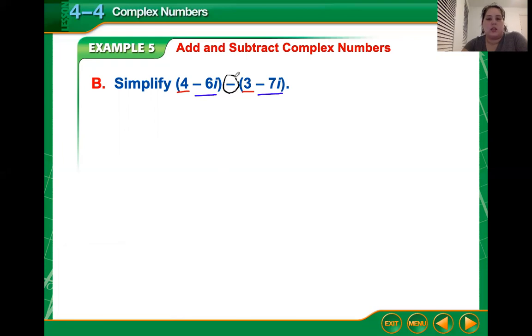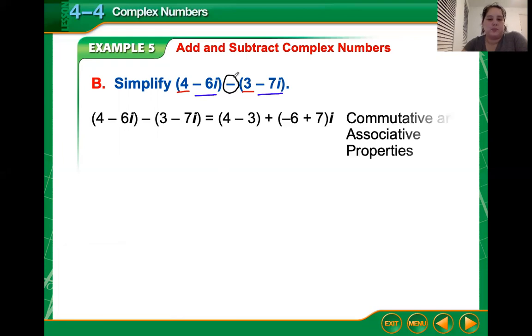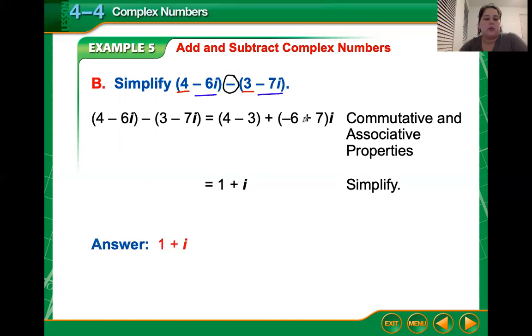So we're going to do 4 minus 3, negative 6i minus negative 7i, which would make us go ahead and add, because minus a negative is like adding. And then again, we're going to get 1 plus i for our solution this time. Because 4 minus 3 equals 1, negative 6 plus 7 equals 1, so we just have 1i.